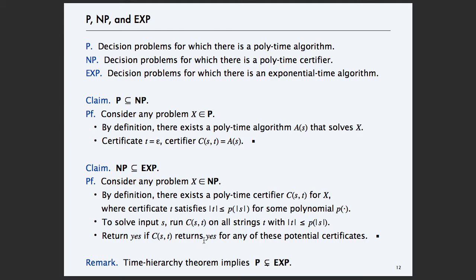Well, I'll just generate every possible string in T, which is exponential, and run the certifier. Since the certifier is polynomial, the total running time is some exponential function.